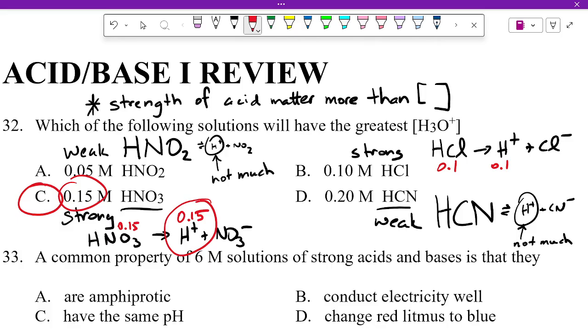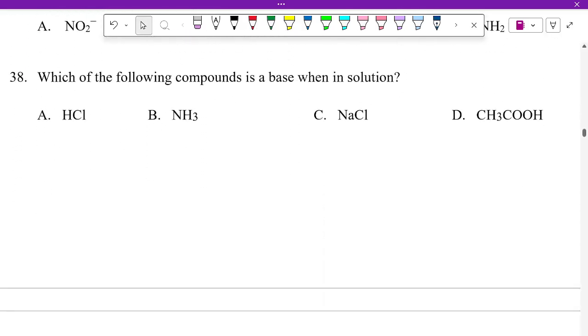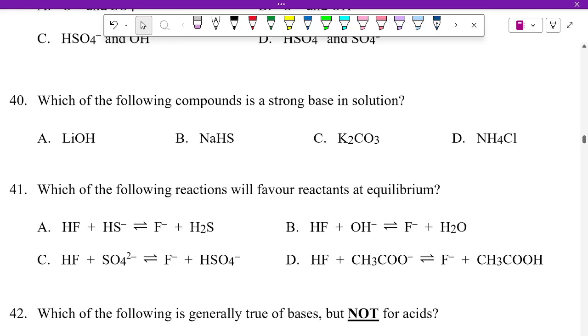Number 41. Which of the following reactions will favor the reactants? If we want it to favor the reactants, where does the weaker acid have to be and where does the stronger acid have to be?